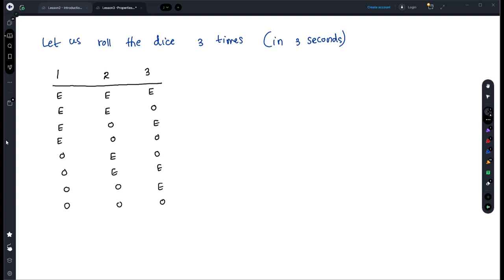So you can come up with the probabilities. What will be the probability that you get x1 equals 1? Now think about you are counting even numbers.